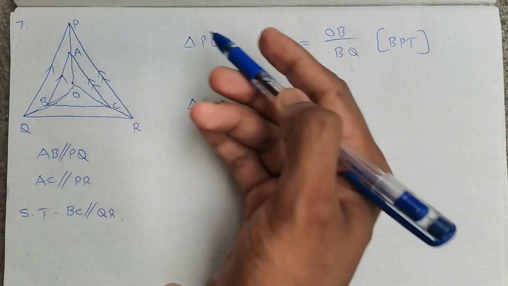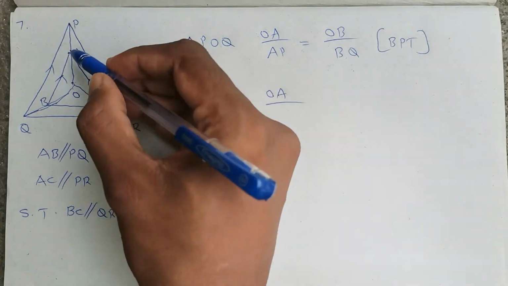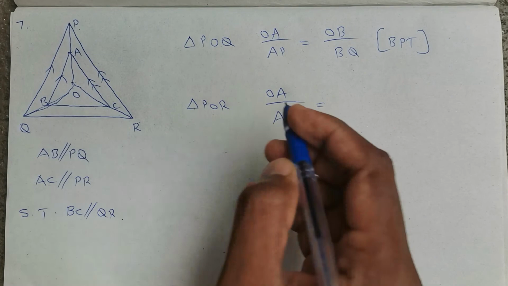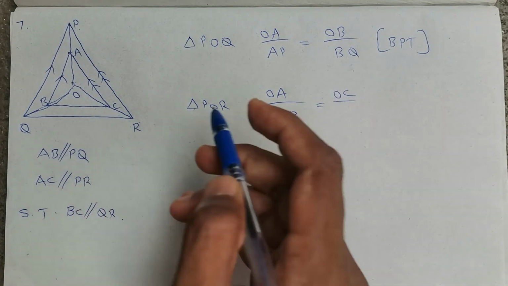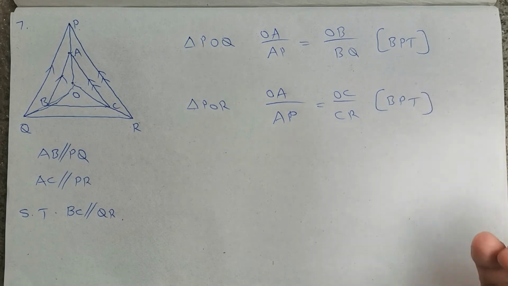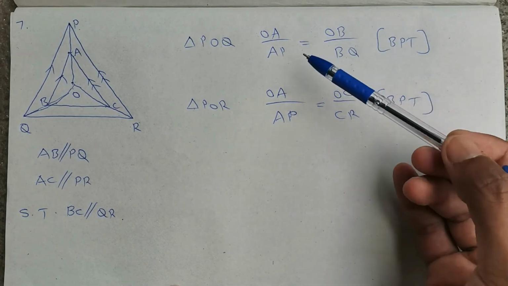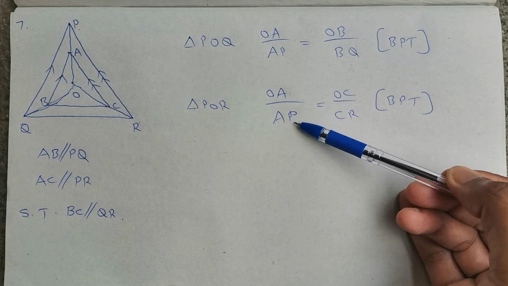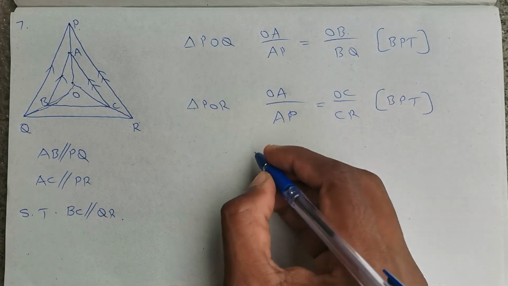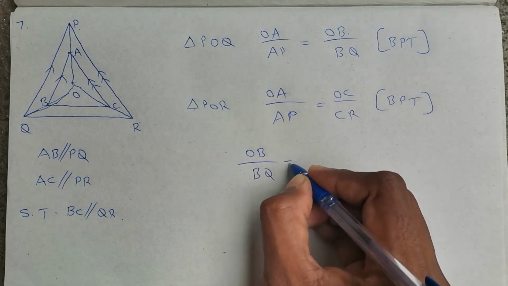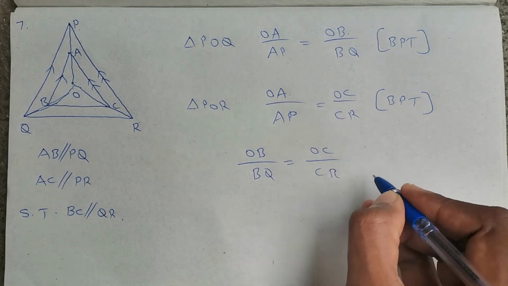Upper one OA divided by lower one AP equals upper one OC divided by lower one CR by BPT. Now if we observe these two, OA by AP, both are same, then obviously these two are also equal to each other. That is OB divided by BQ is equal to OC by CR.